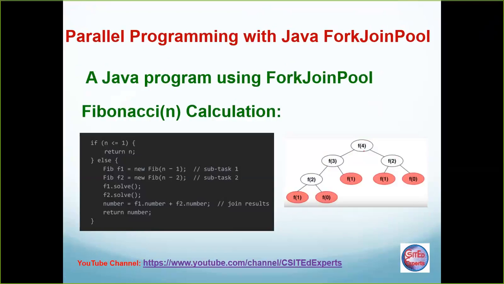I want to go quickly to a program. So for instance, in order to do a Fibonacci calculation, Fibonacci n, that means what will be the 10th Fibonacci number, or the 100th Fibonacci number, or the 1000th Fibonacci number, if we want to calculate these. Okay, so then I will show you shortly a program that uses fork join technology.